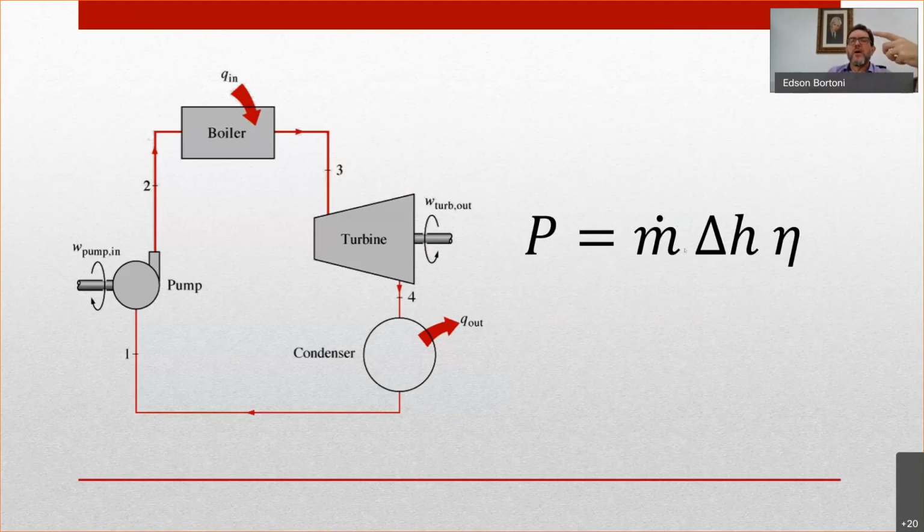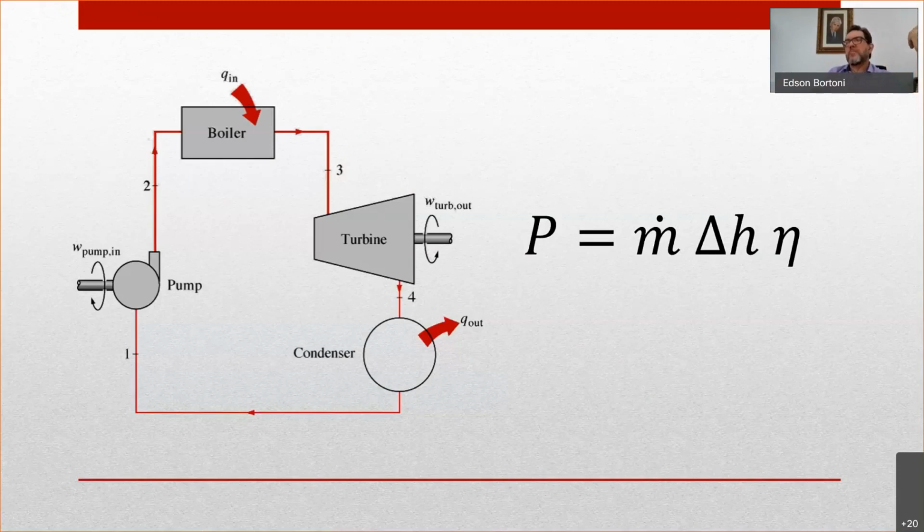So you have here the mass flow. This delta H is the difference of enthalpy of the water here at point 3 and the water here at point 4. You have a difference of enthalpy.